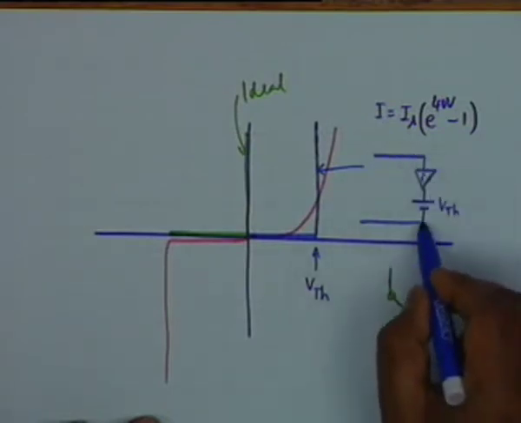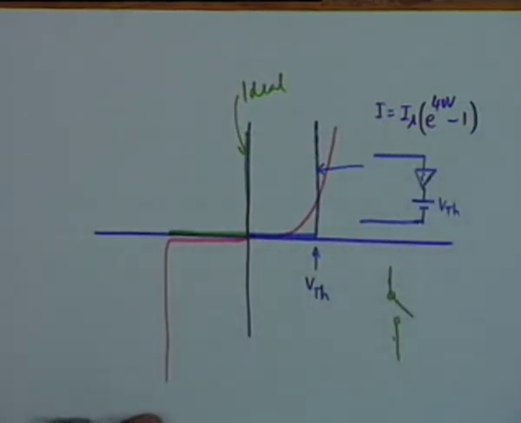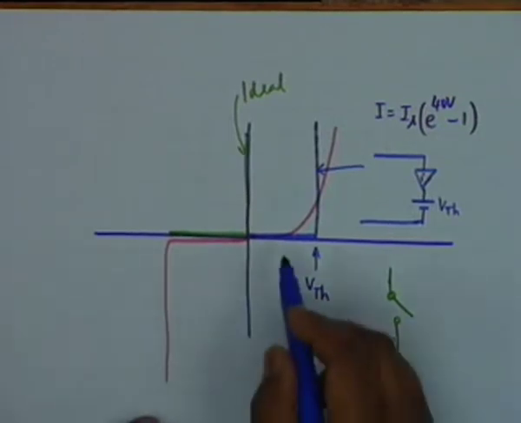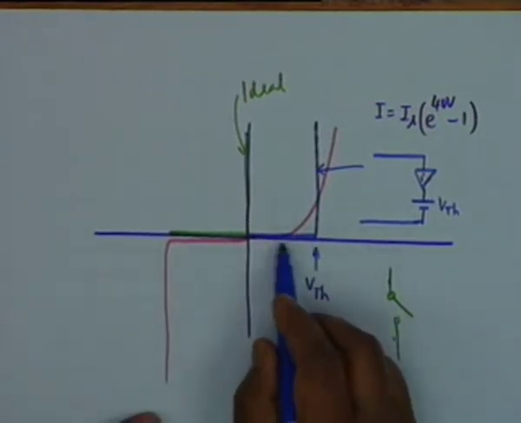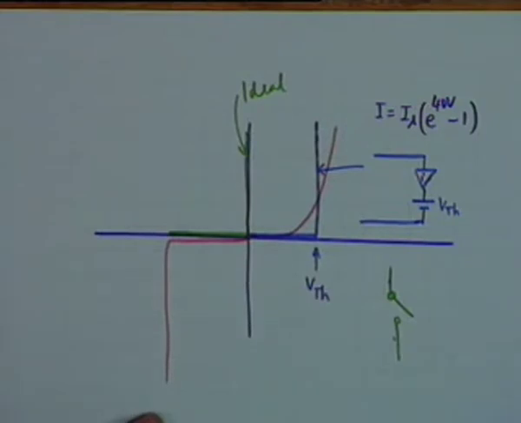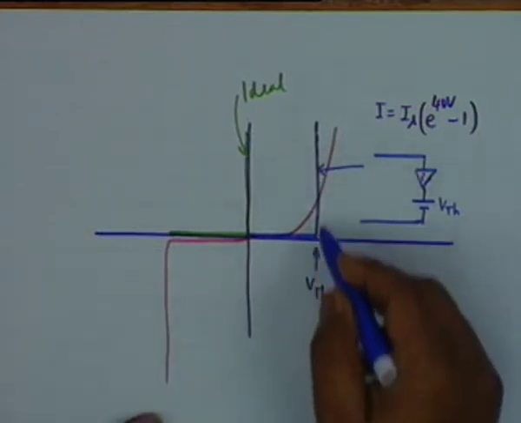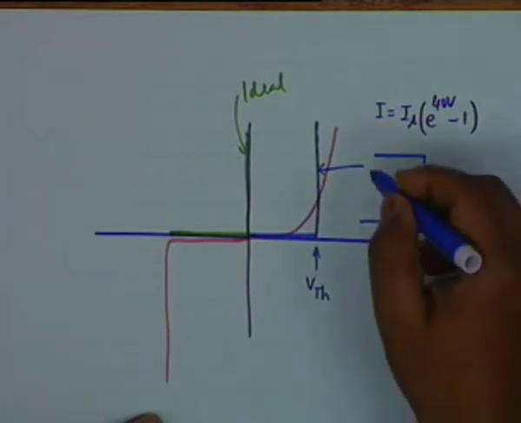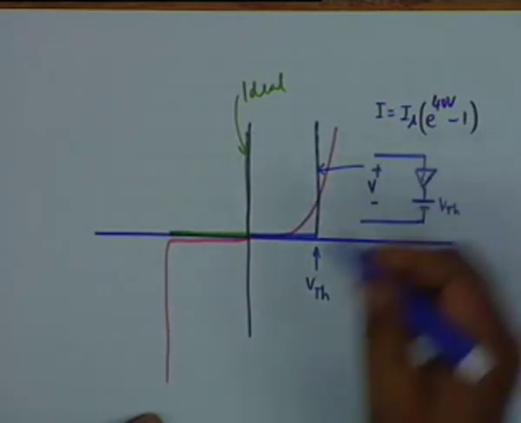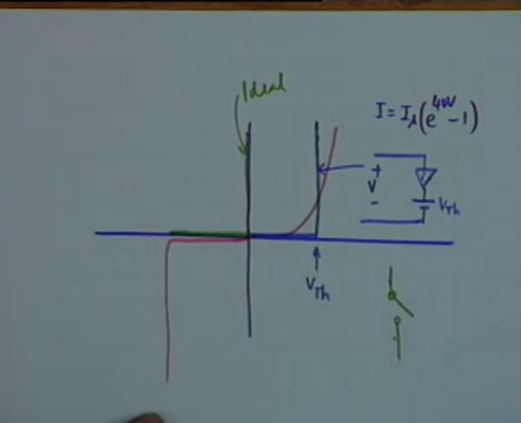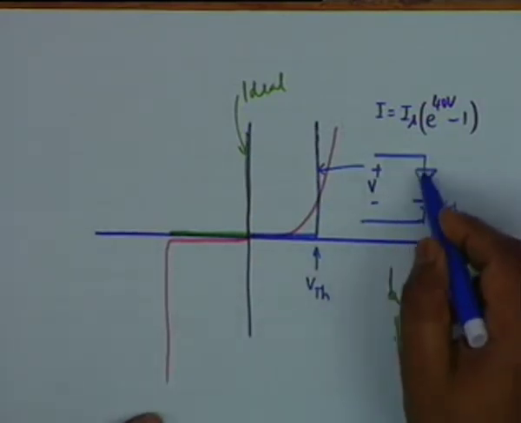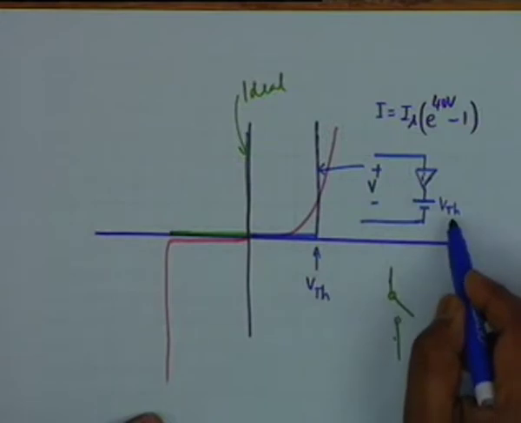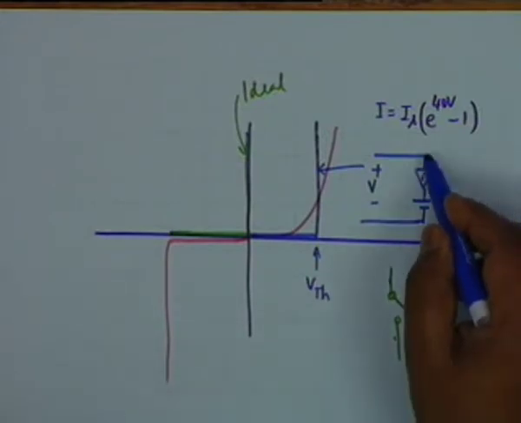So this is the model for the non-ideal diode, non-idealness being only in terms of a threshold voltage. This diode conducts only when V exceeds VTH, and once V exceeds VTH, the diode acts as a short.